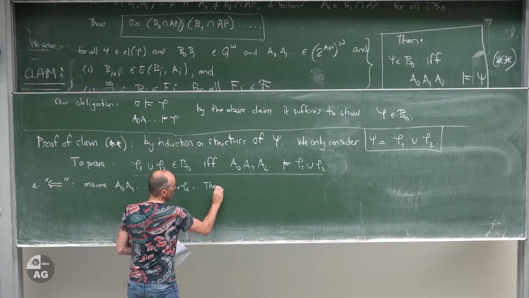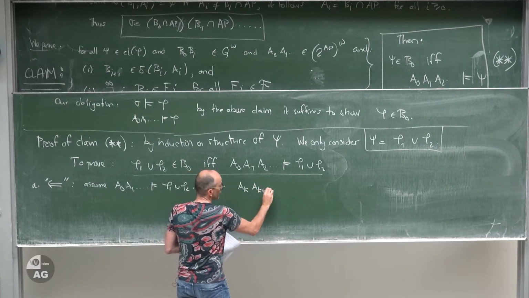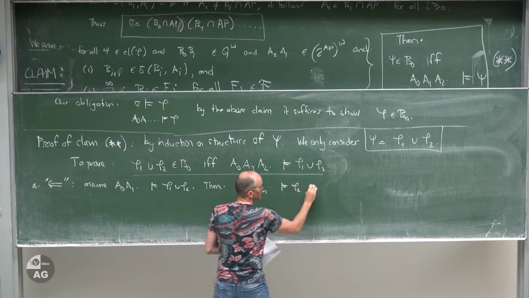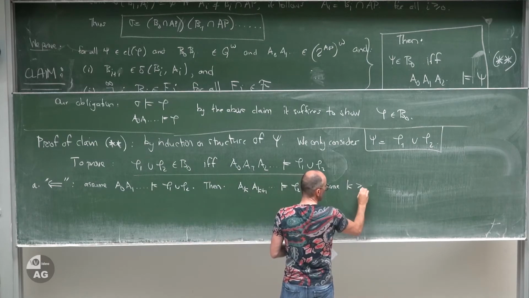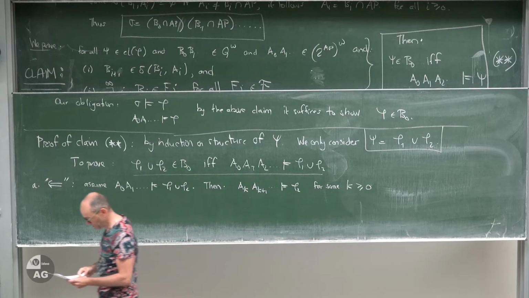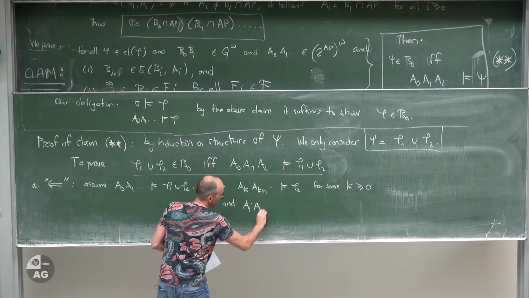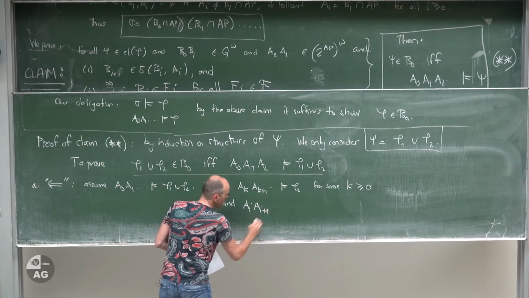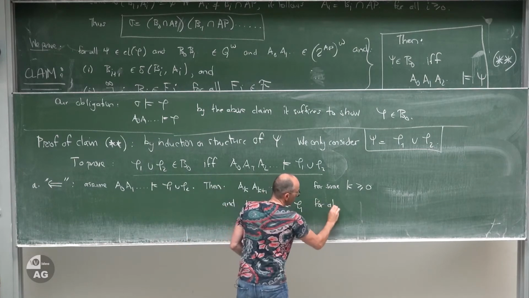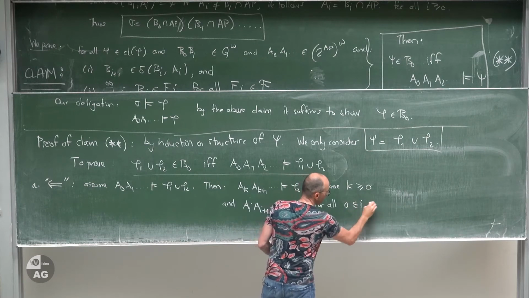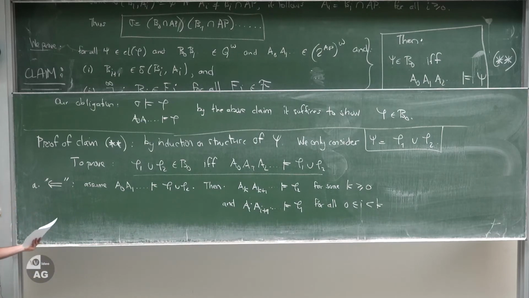Then we know that A_k, A_k+1, etc. satisfies phi 2 for some k at least 0, and A_i+1 satisfies phi 1 for all i's between 0 up to but excluding k. Semantics of until.